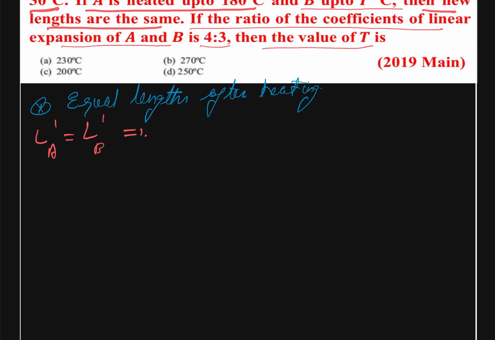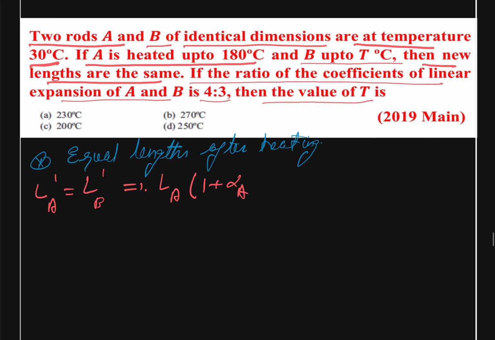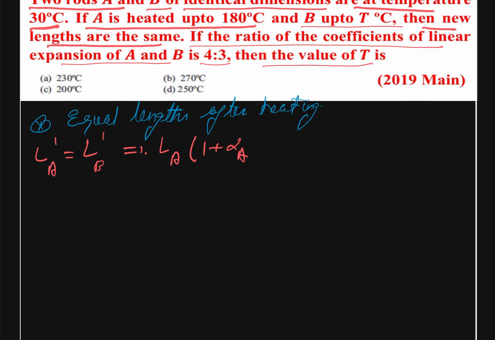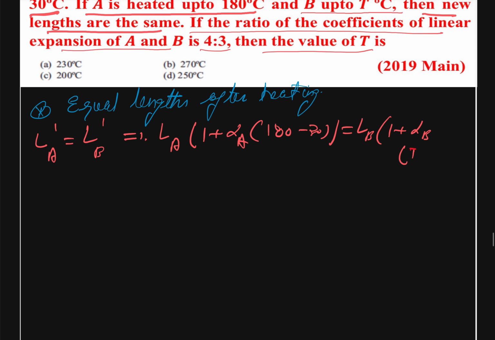Therefore, in terms of original length, LA times 1 plus coefficient of A times the change in temperature, 180 minus 30, is equal to the original length of B times 1 plus alpha of B times T minus 30, or TB minus 30.